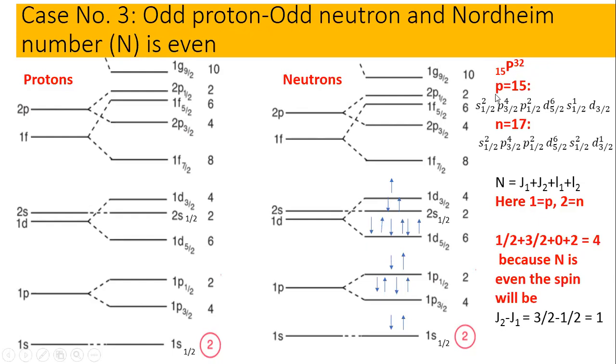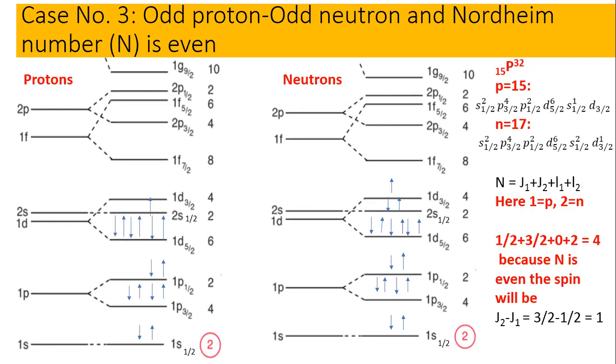phosphorus-32: total number of protons is 15, total number of neutrons is 17. So let's first look at the filling of the protons and the neutrons in the energy levels. This is the proton: first comes the up spin, down spin, second, third, fourth, fifth, sixth, seventh, 8, 9, 10, 11, 12, 13, 14, 15.